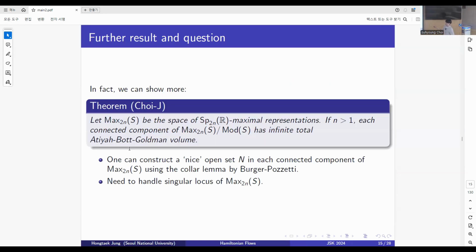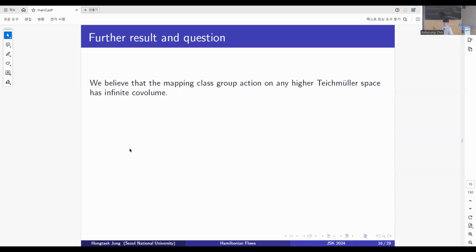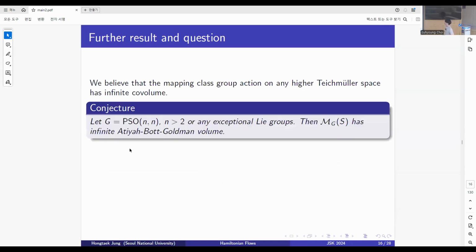Because maximal representations and Hitchin representations are all well-known examples of higher Teichmuller spaces, we can conjecture that any higher Teichmuller space has infinite Atiyah-Bott-Goldman volume, provided the associated Lie group has higher rank.